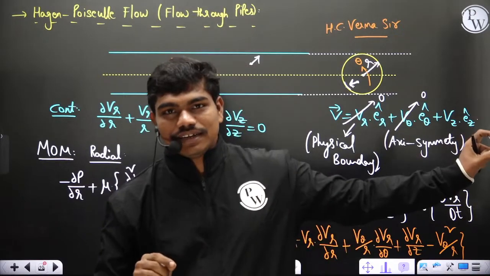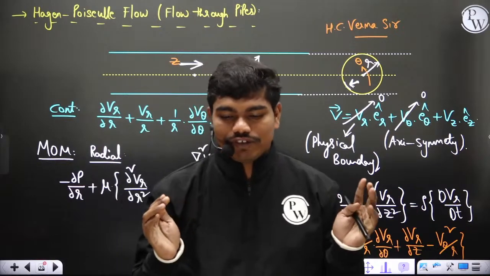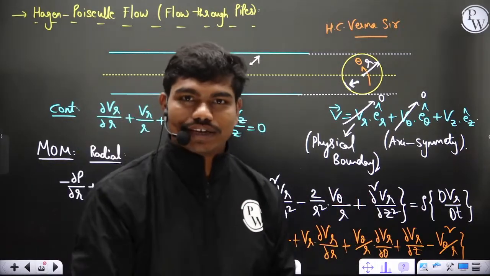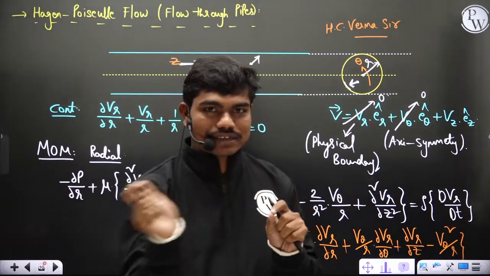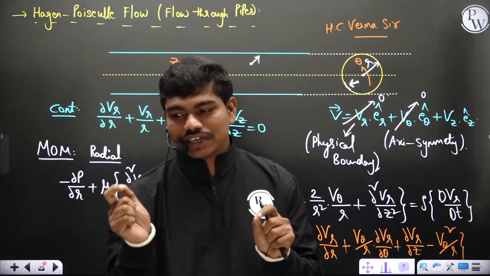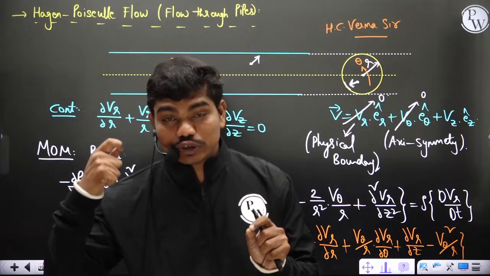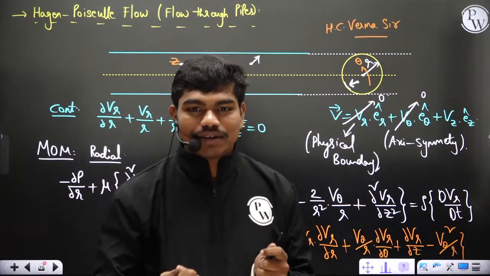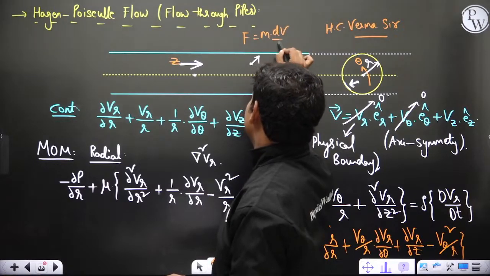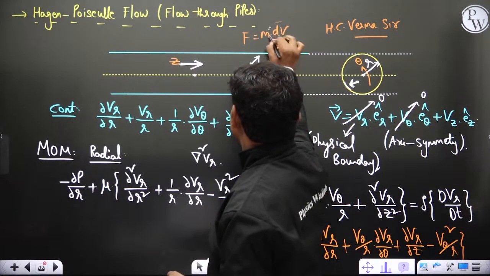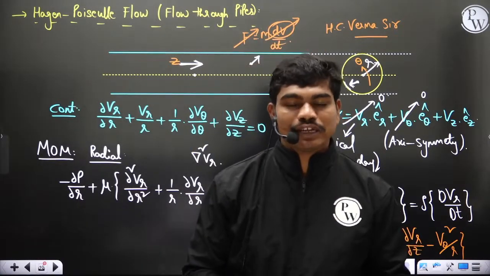If you are far away, he throws the ball as fast as possible, and if you stand very close, he throws the ball slowly. This means he knows that for traveling a long distance, the initial velocity you give to the ball should be high, so the force used to throw should be high. He clearly knows F equals m dv by dt. For traveling a large distance, this dv should be large, so F also should be large.